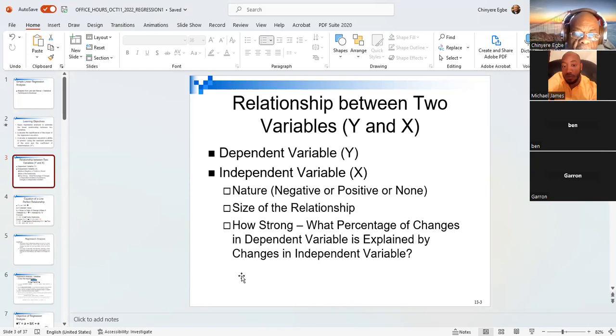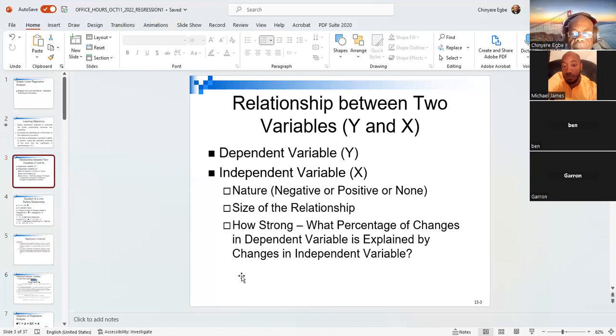The higher the price, the lower the quantity demanded. And you know that, the law of demand. So when the price goes up, quantity demanded goes down. So that is an example of a negative relationship.